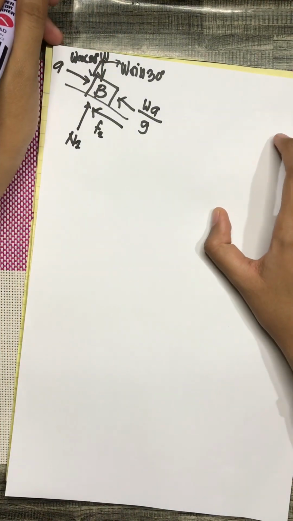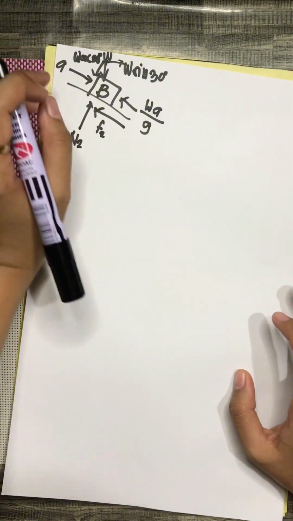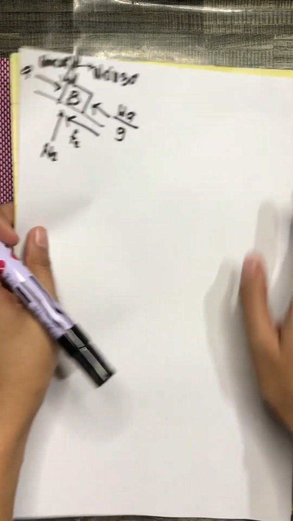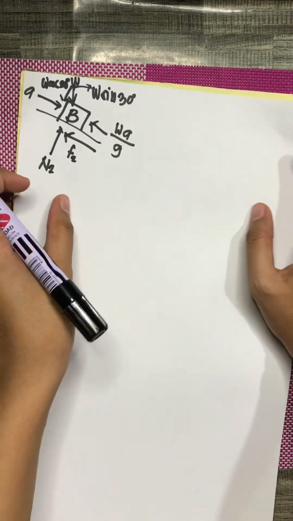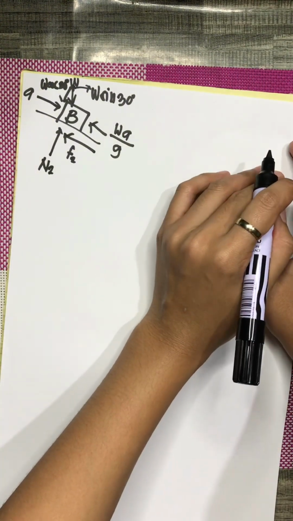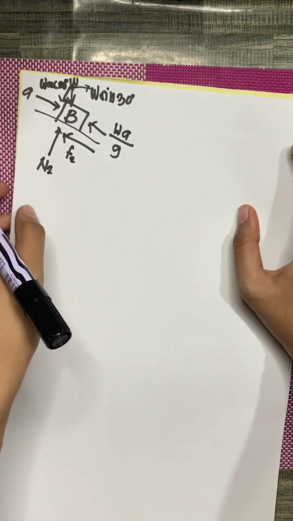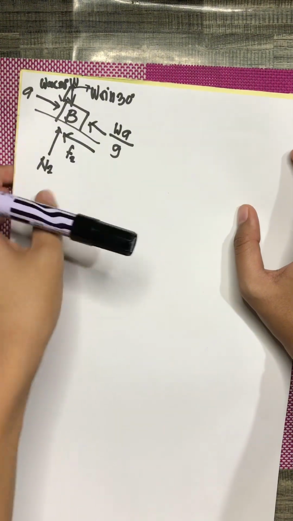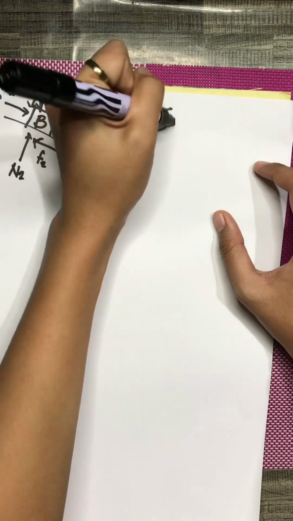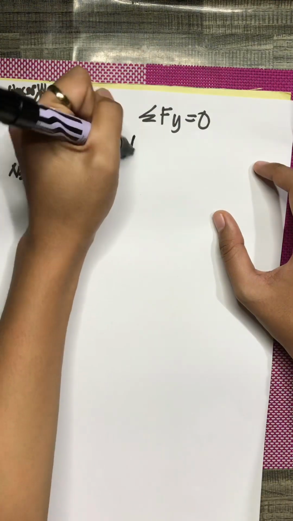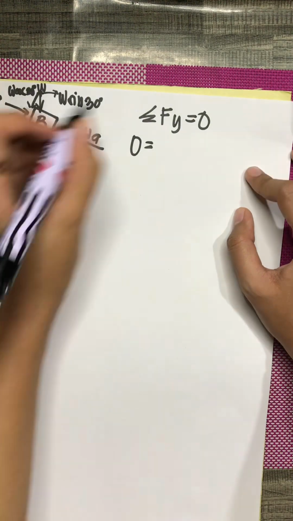To solve also the acceleration of block B, we need to find the normal force. So let's sum all the vertical forces. So summation of Fy equals 0. 0 equals, the normal force is going up, so it is positive.